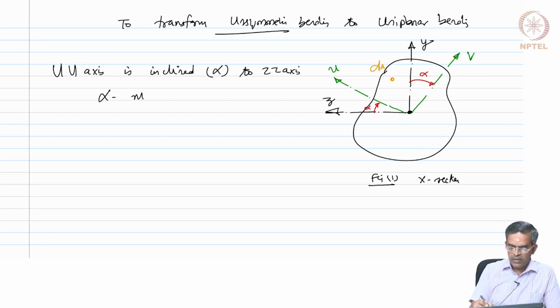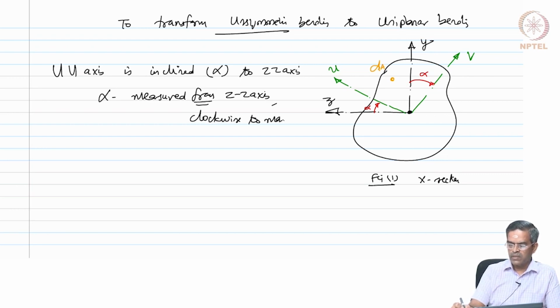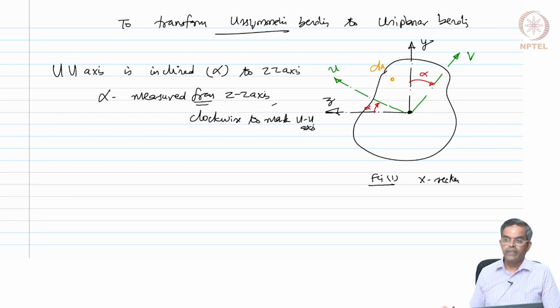Alpha is measured from the ZZ axis clockwise to mark the UU axis. Okay, that is a condition here.